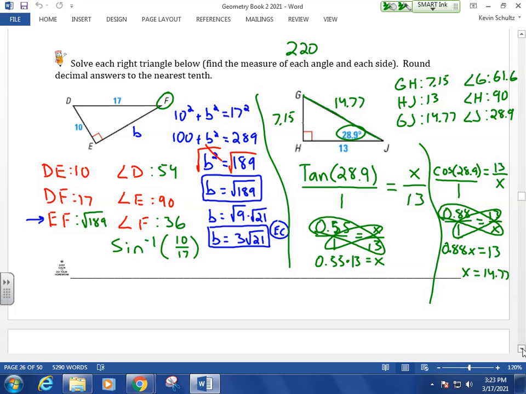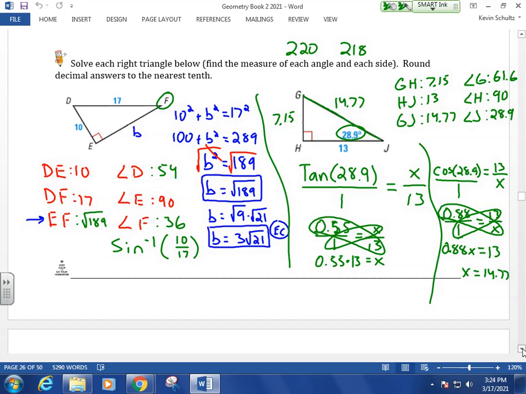I'll round it down to 220. Then I'm going to take 14.77, square that, and I get 218.1529, just round down to 218. Now, 220 is not equal to 218, right? Using the Pythagorean theorem, a squared plus b squared is supposed to equal c squared. In this case, it doesn't.